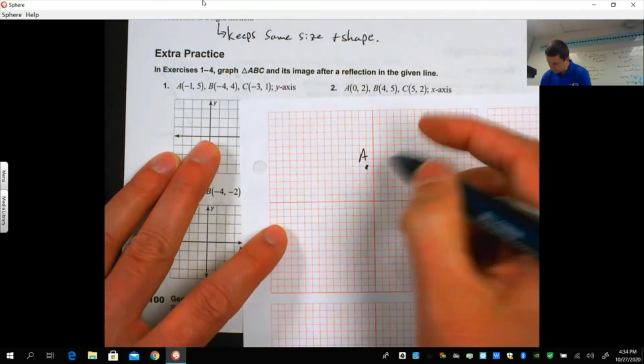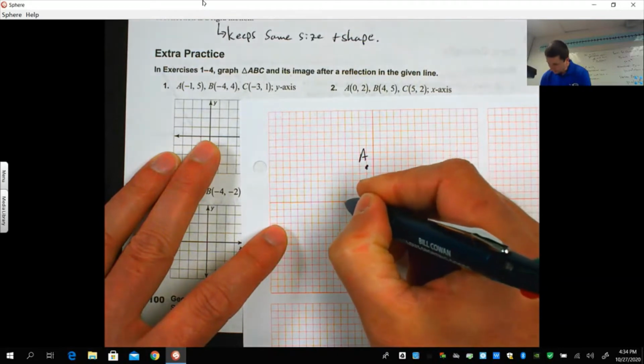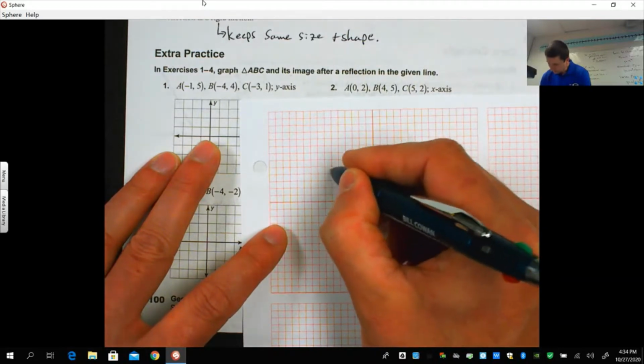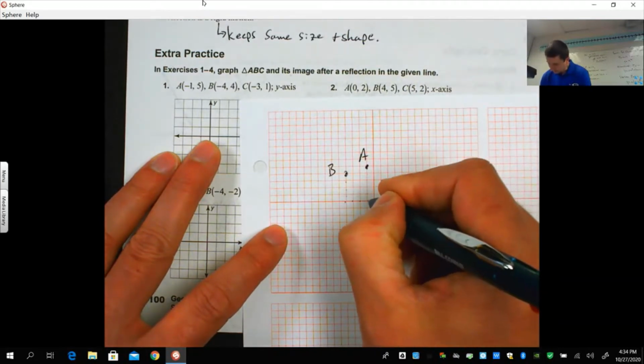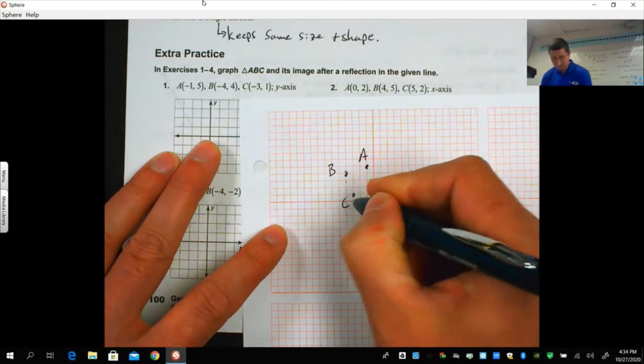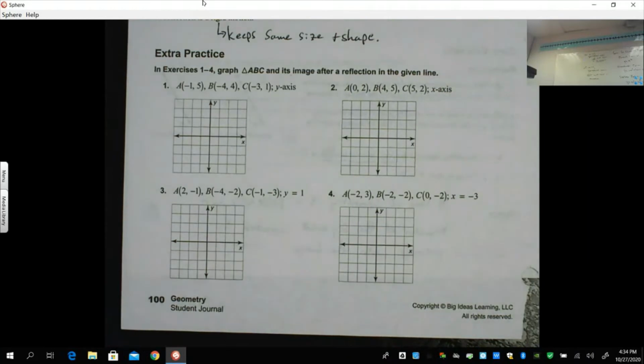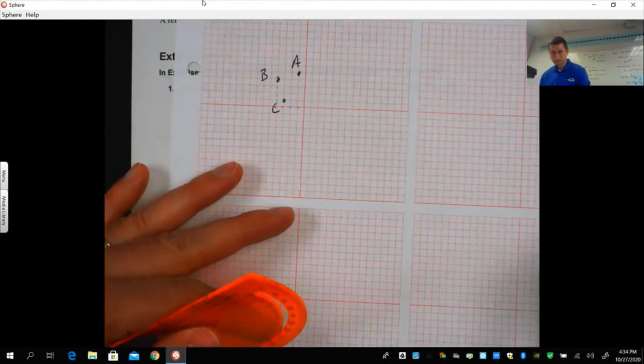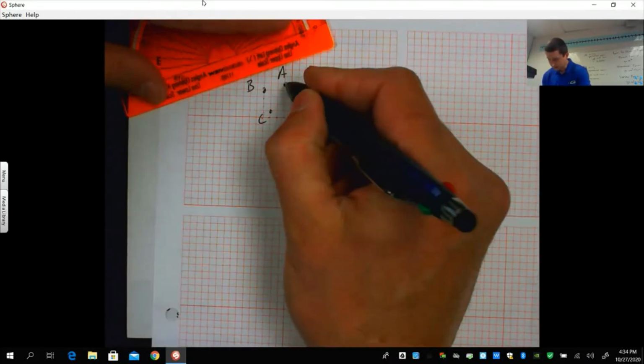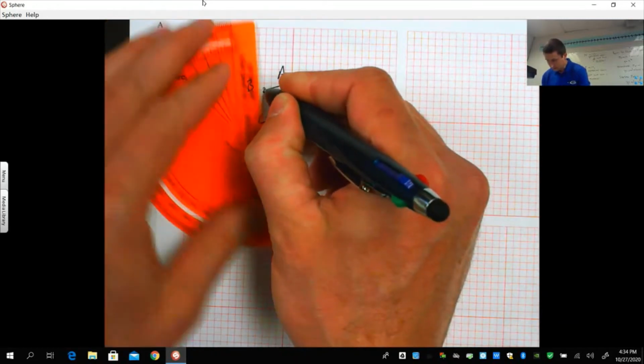B is negative 4, 4. 2, 3, 4. And C is negative 3, 1. Okay, so there's triangle ABC.